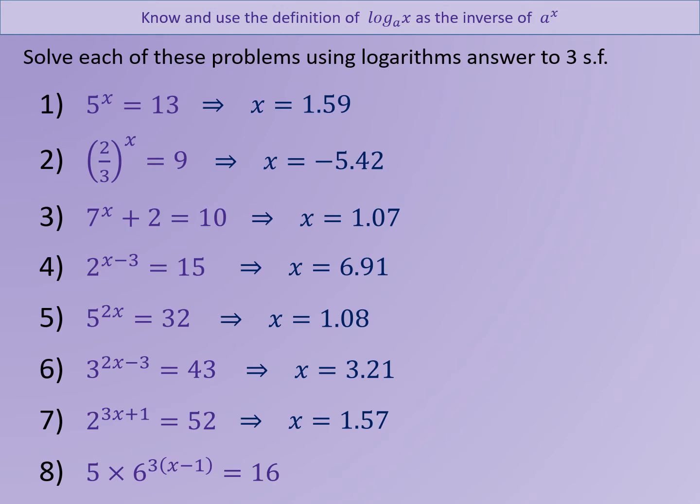And if you multiply out the brackets and rearrange by adding 3 and dividing by 3, you get a value of x of 1.22. So any problems with any of those 8, then please ask your classroom teacher for a little bit more support on those.